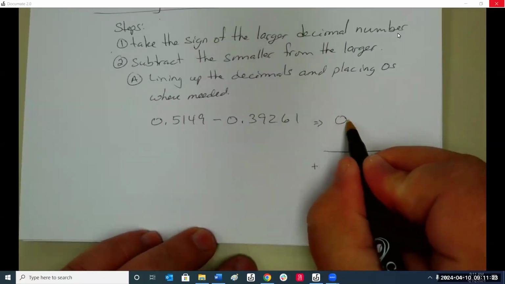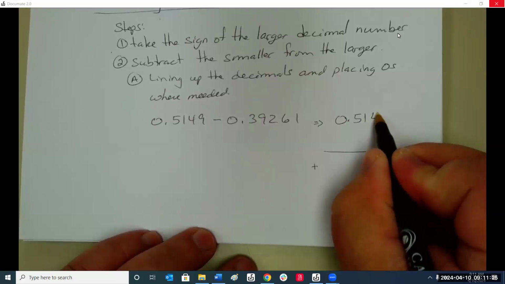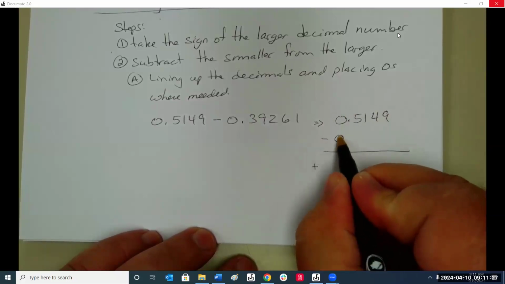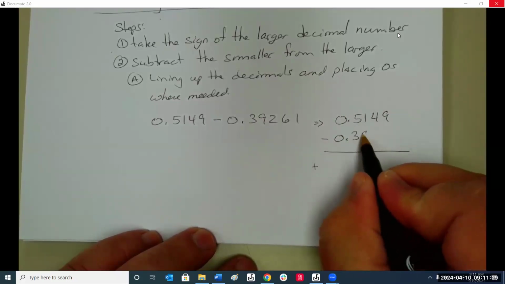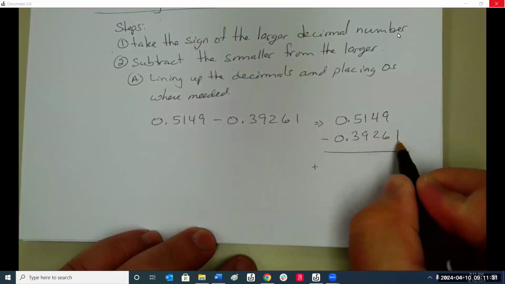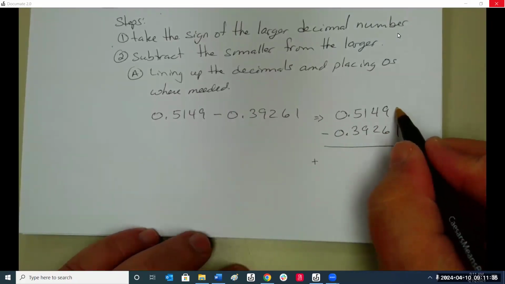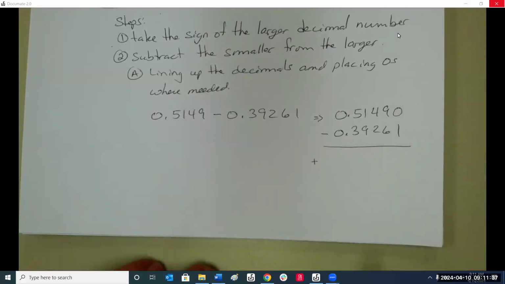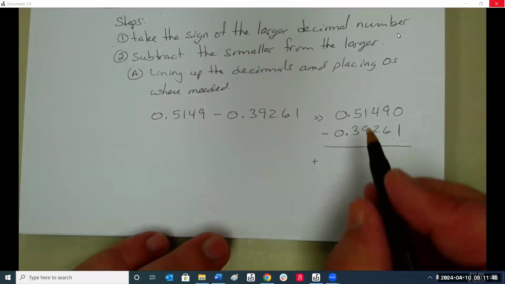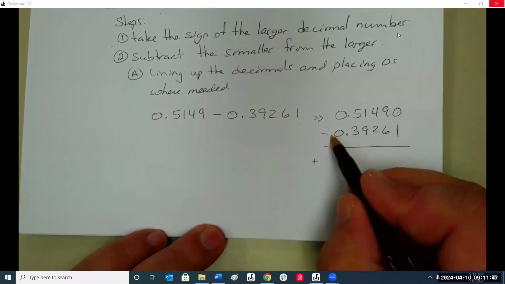So we take the larger number, subtract the smaller number from it. Since this one has an extra, I got to put a 0 here. Now we subtract 0 minus 1.